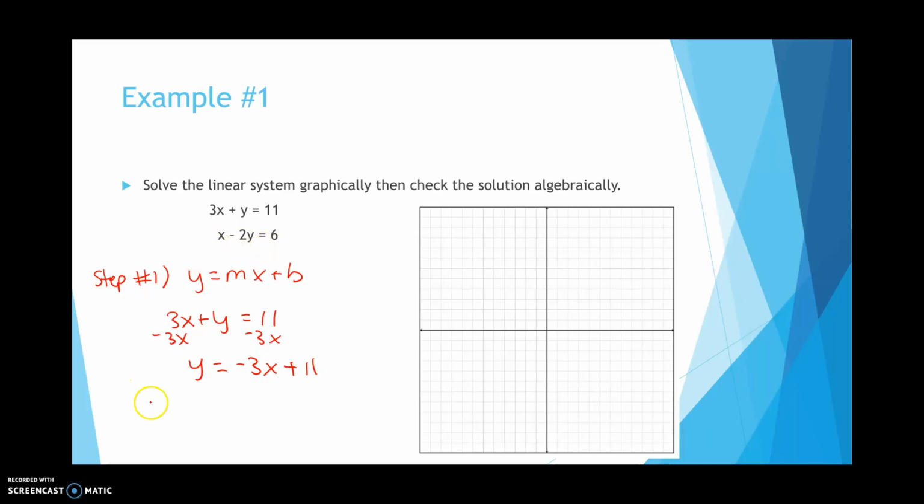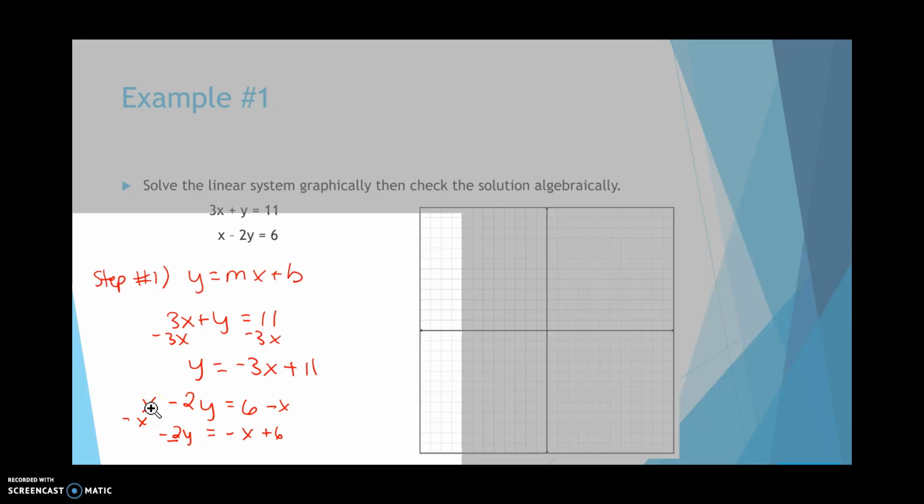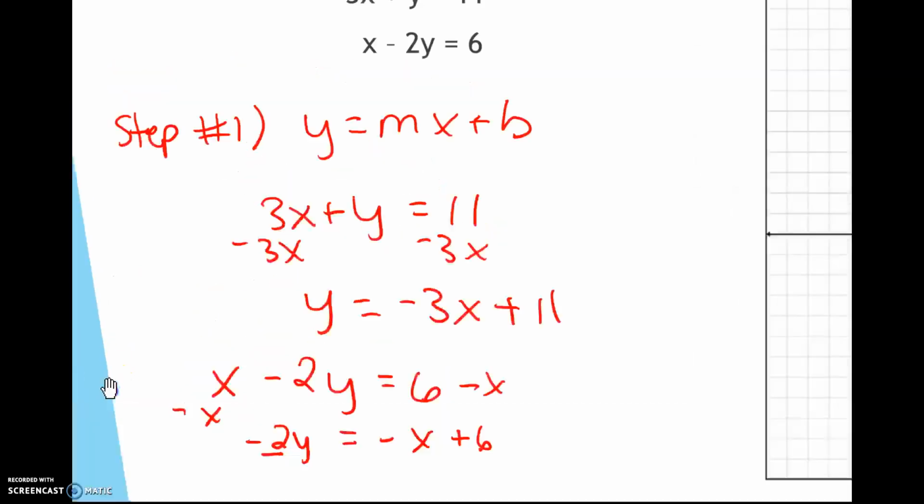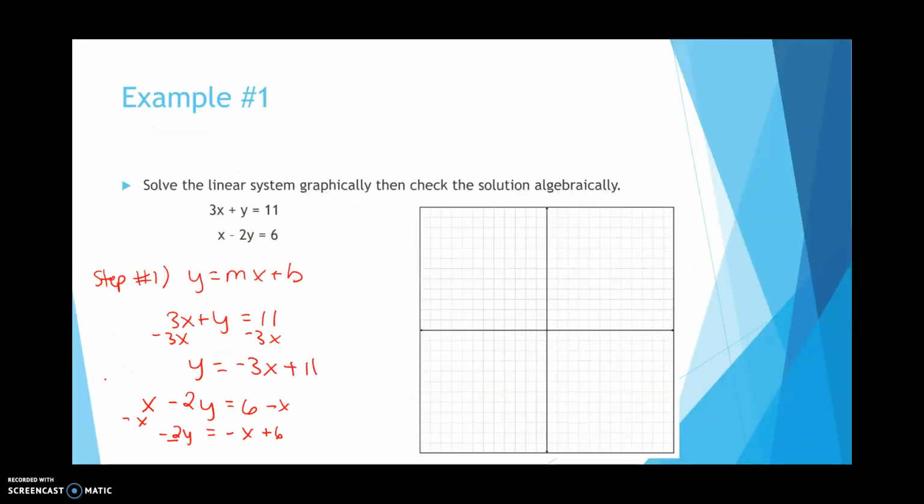Then I'll solve the next one. We have x minus 2y equals 6. I will subtract x from both sides. So I have negative 2y equals negative x plus 6. Let me write it over here, we're running out of space.